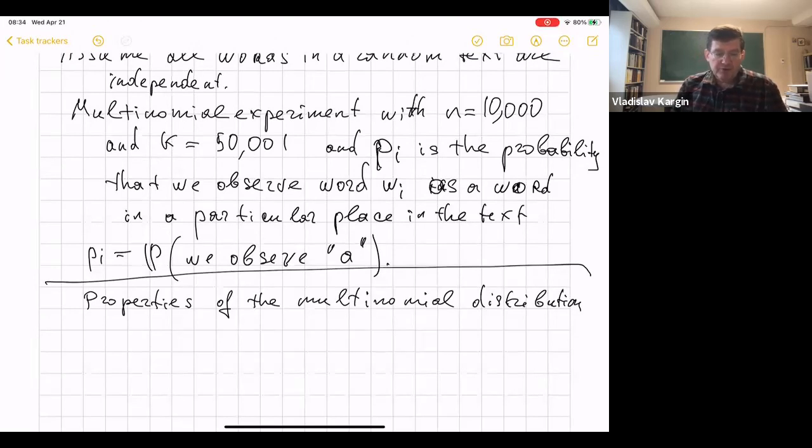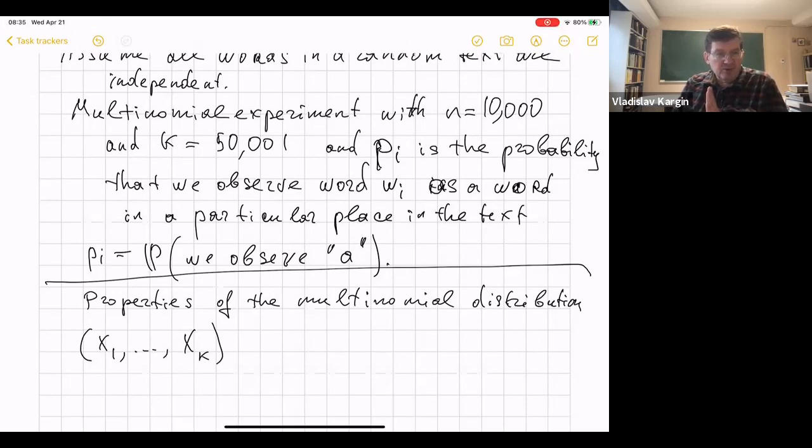So if you have x1 through xk, we can look at each of them separately and say what's the distribution of each of them separately. This is looking at the marginal distribution.